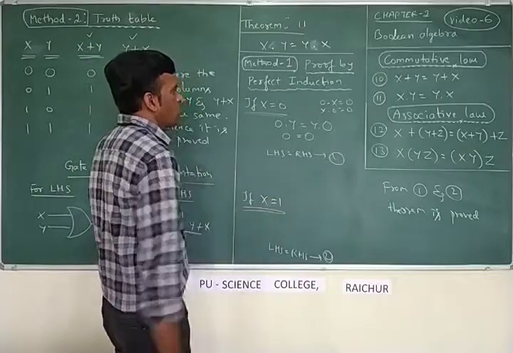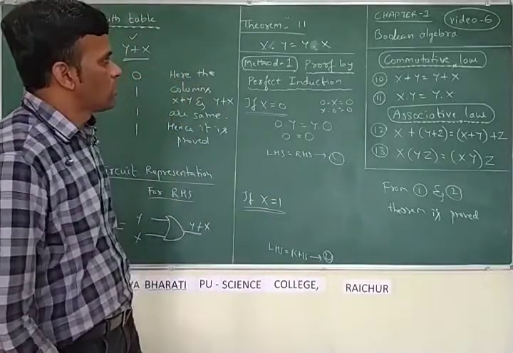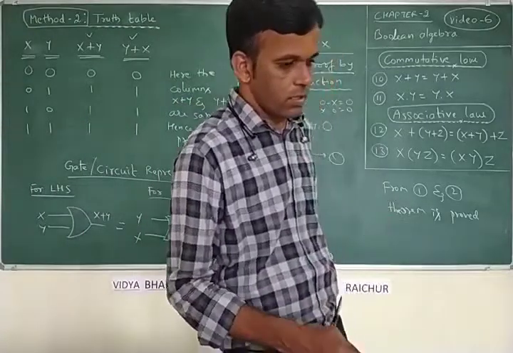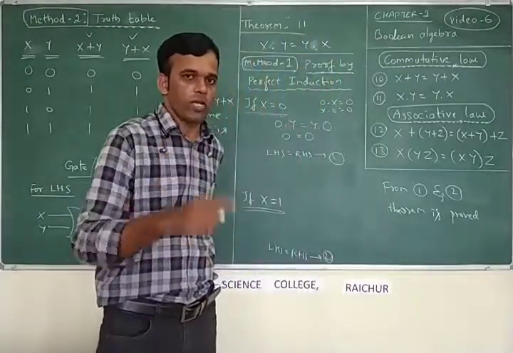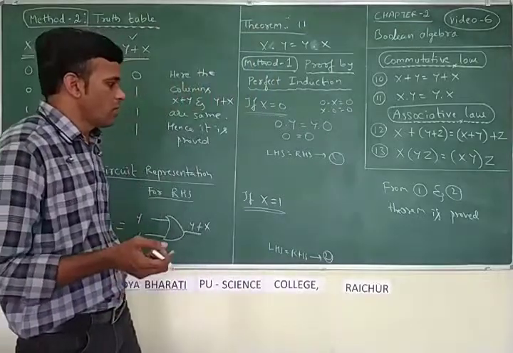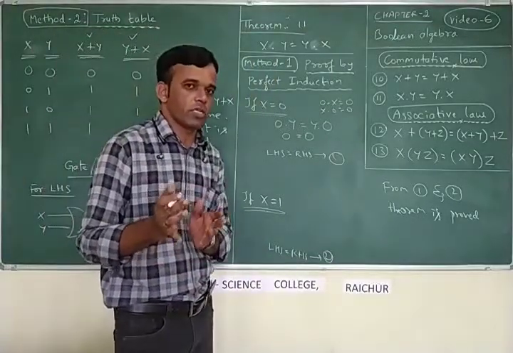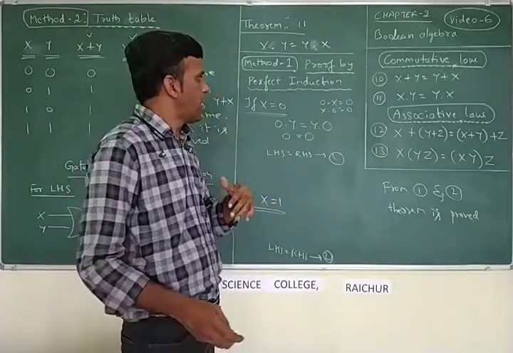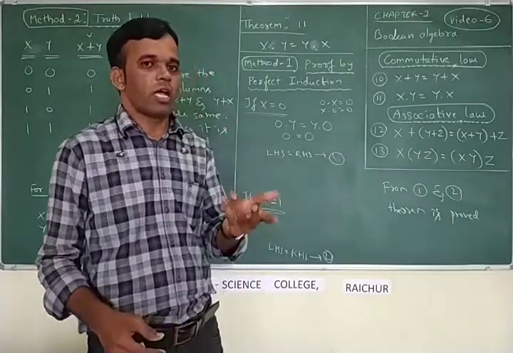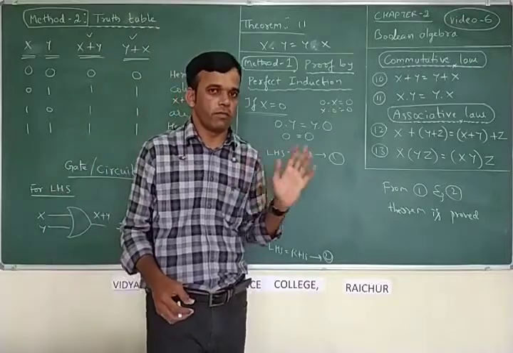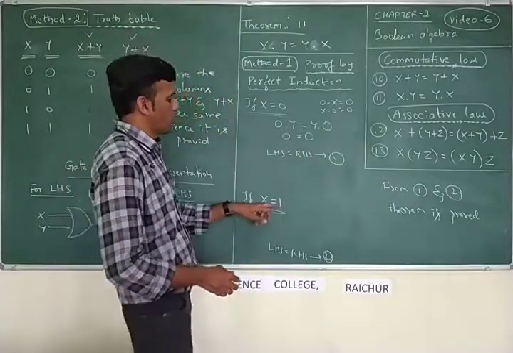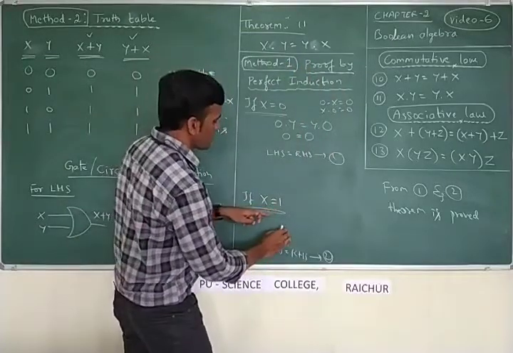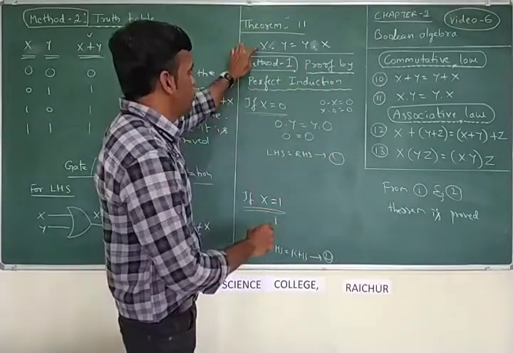So when we are considering x equals to 1, we are going to use the properties of 1, the theorem identified as properties of 1. So when 1 is ANDed with a variable, what is the answer? The variable itself. So now substitute this value 1 in this expression of the theorem. So in place of x, it is 1.